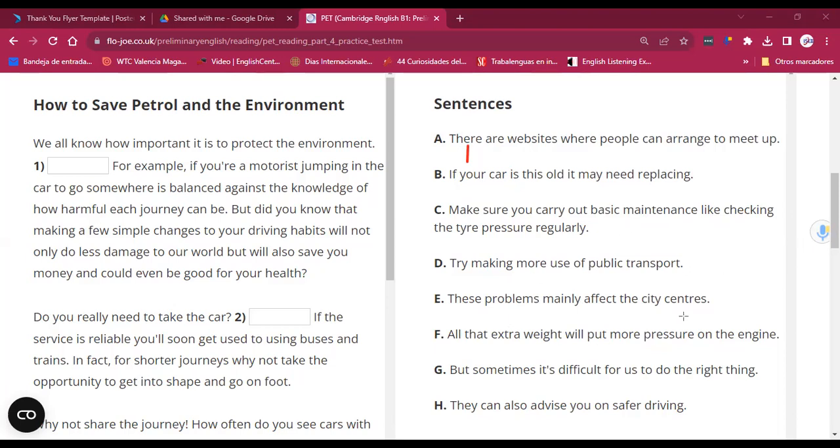Which sentence do you think should be there? I think it is letter E. These problems mainly affect the cities and centers. Okay. Dianis, which one do you think should be there from A to H?